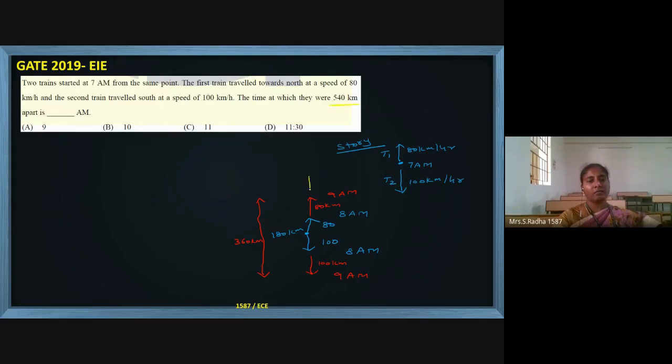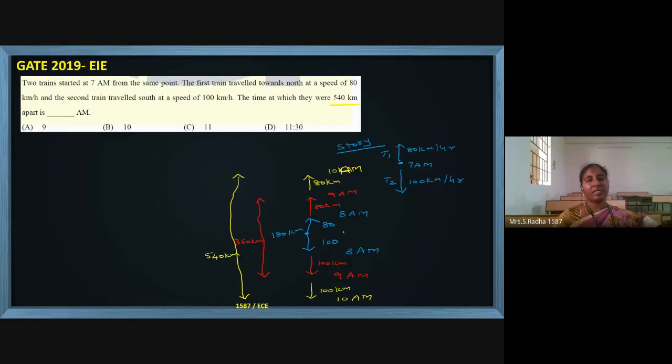Now another 1 hour. The first one will travel 80 kilometers, so at 10 a.m., and the second will travel another 100 kilometers. One more 180 gets added. Now the distance between them is 360 plus 180, which is 540 kilometers.